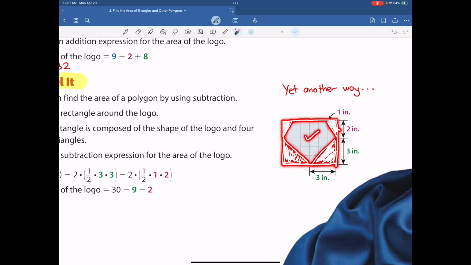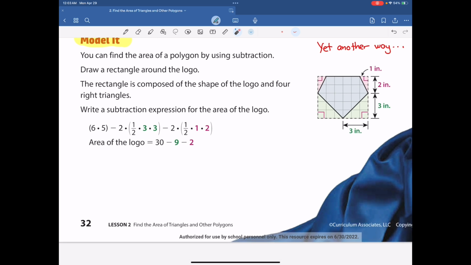There's that diamond right here. So here's the exact same diamond shape. And again, instead of adding things together, we subtracted things. We started with a shape that was too big. Take away the area of the pink. Take away the area of the green. And what's left is that shape that you wanted.